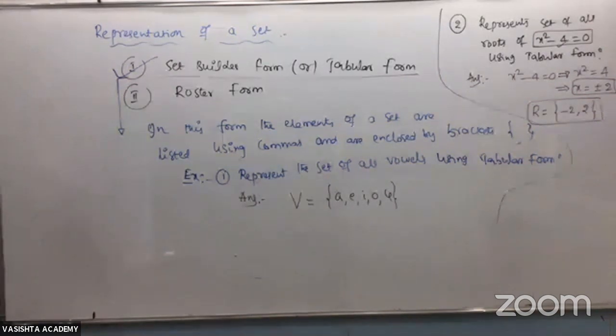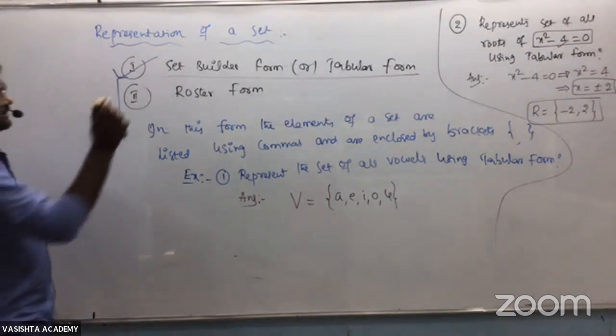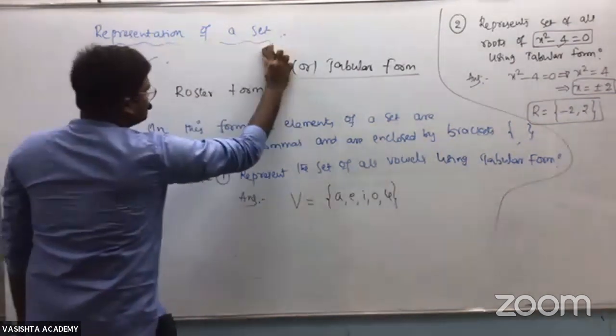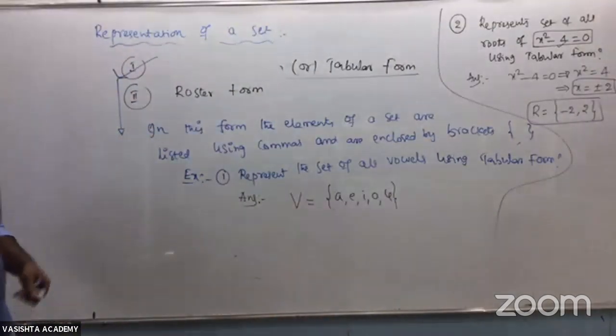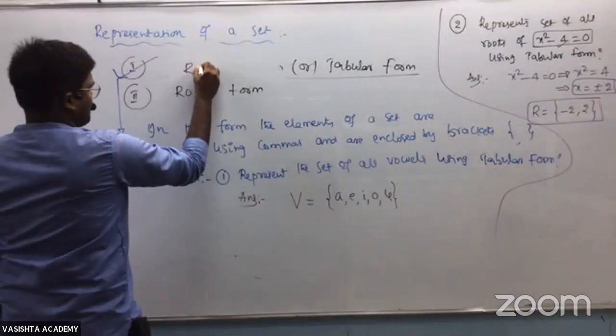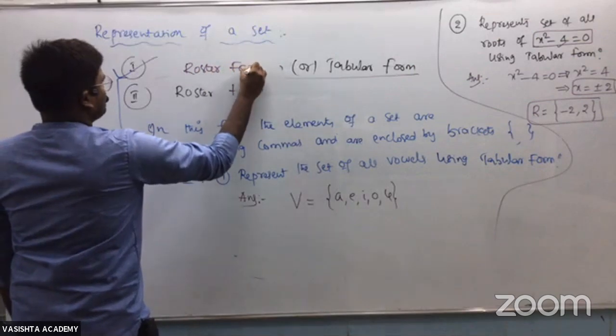Wait, I'll check. Okay, fine. Small change. Tabular form is known as roster form actually. Yeah, this is correct.